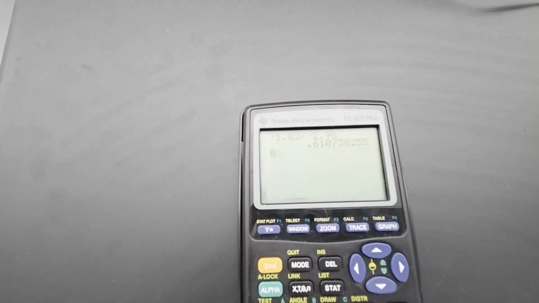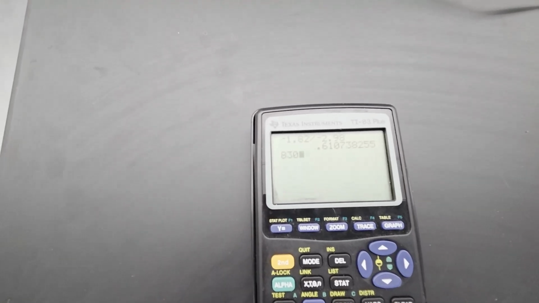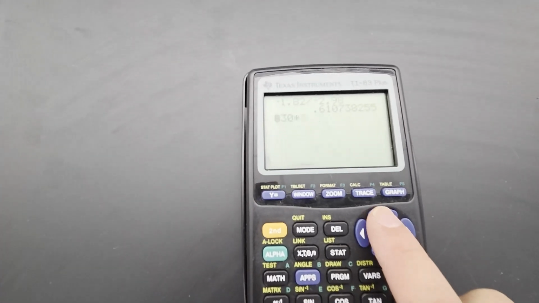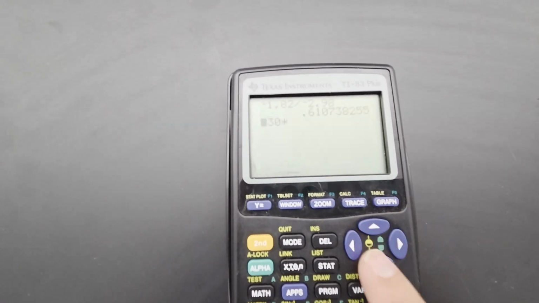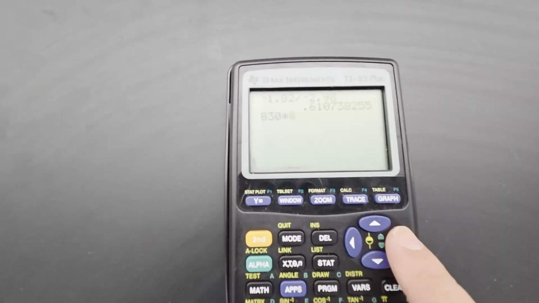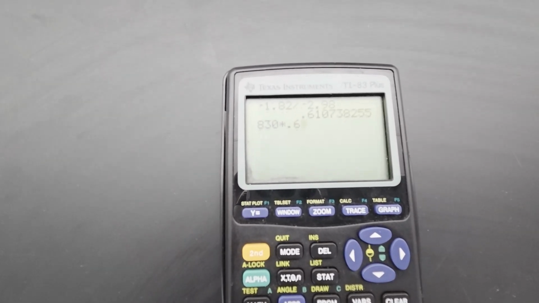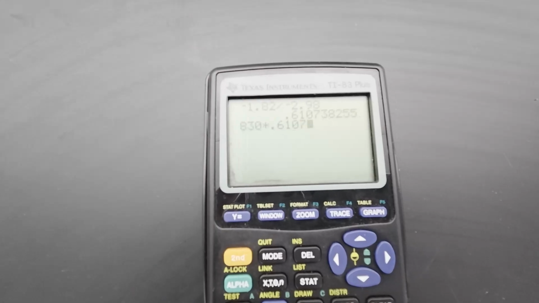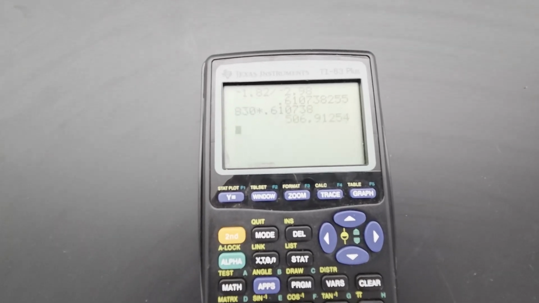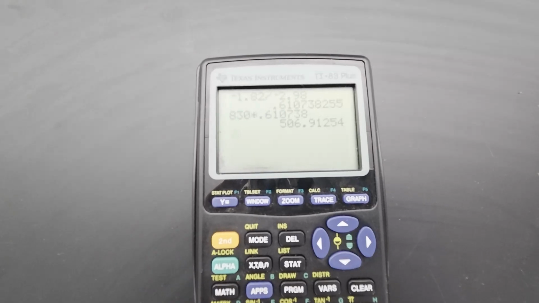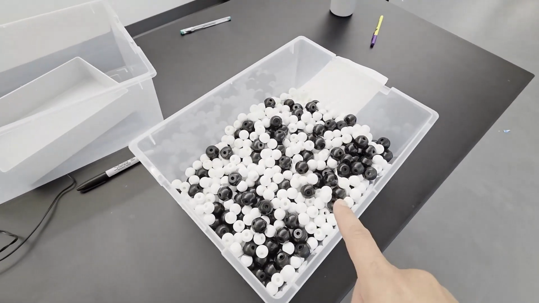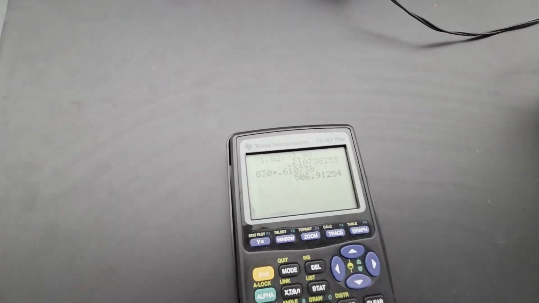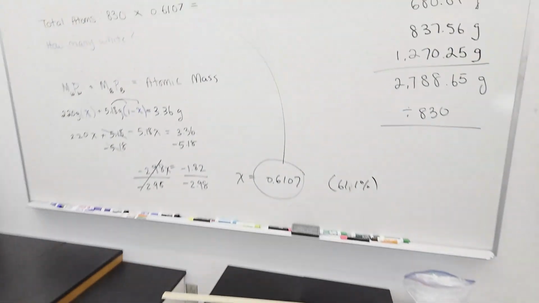We'll see. Oh, I can't. My up arrow is broken. Okay. $507. I need to round to whole numbers because I'm asked to count how many of them are white. 507 is my answer.